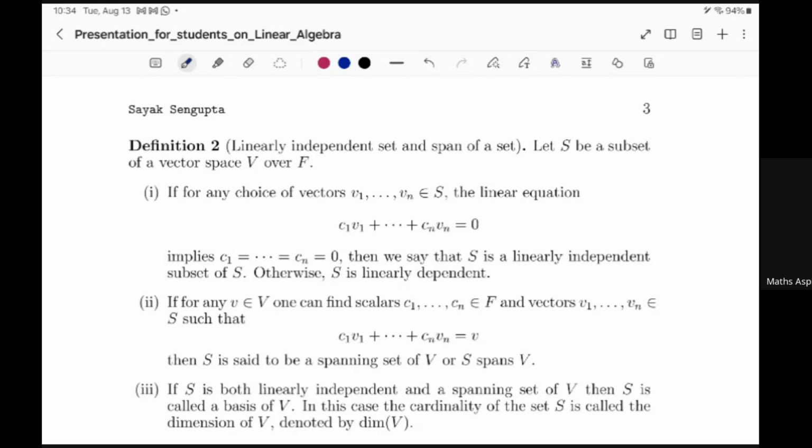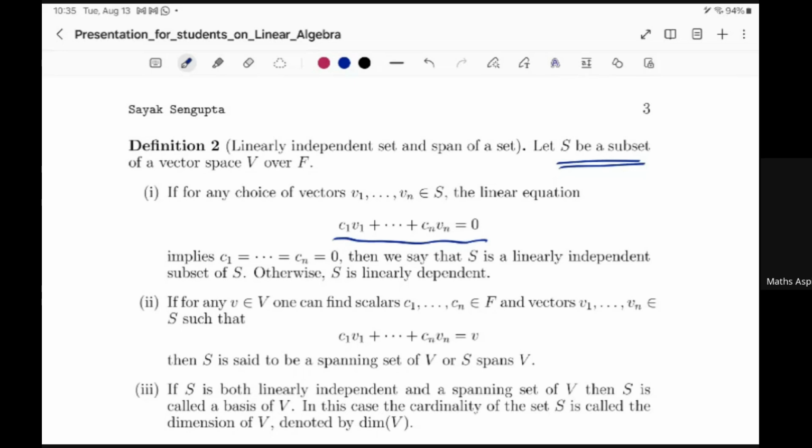We are going to denote this by some subset S of V. Say if this set S is finite, then linear independence just means that if you have a linear equation like this, and you equate that to 0, 0 being the zero vector, then it will have only one solution in the set of scalars, and that solution is that all of them have to be equal to 0.